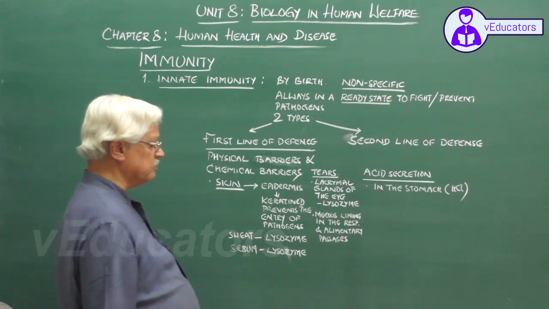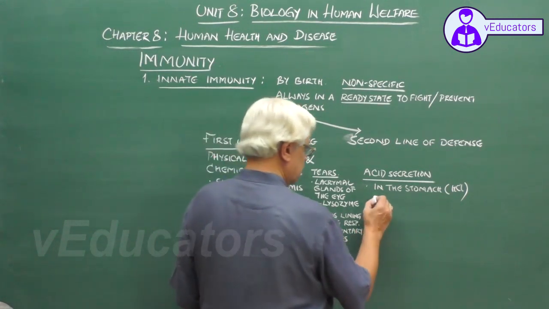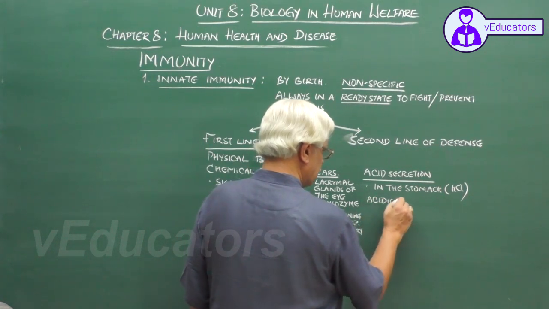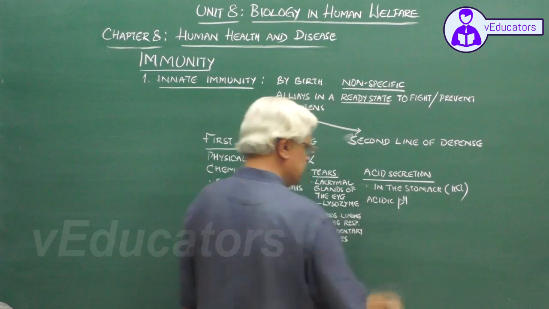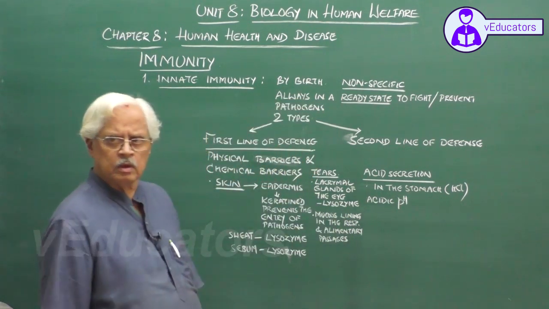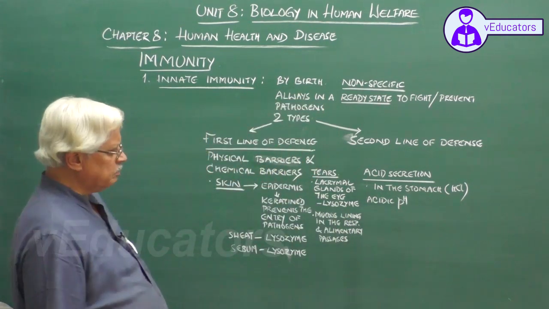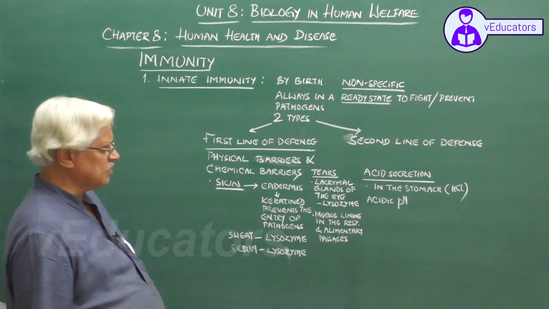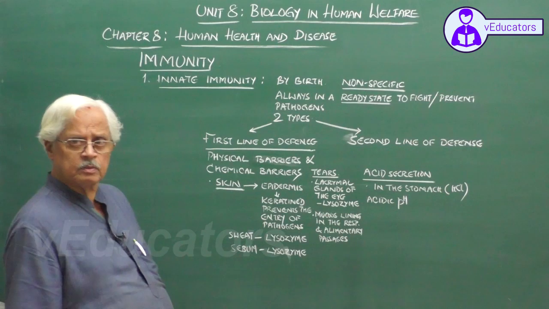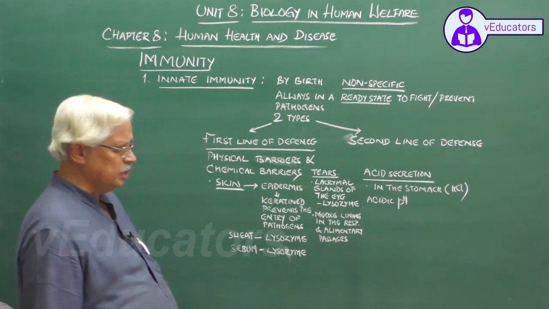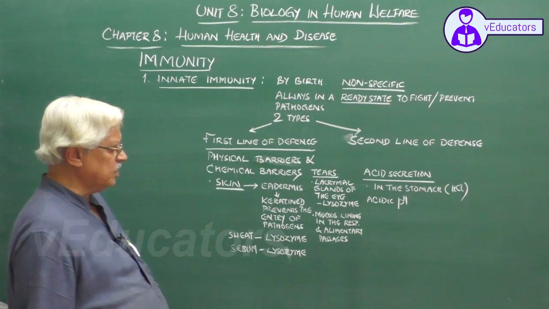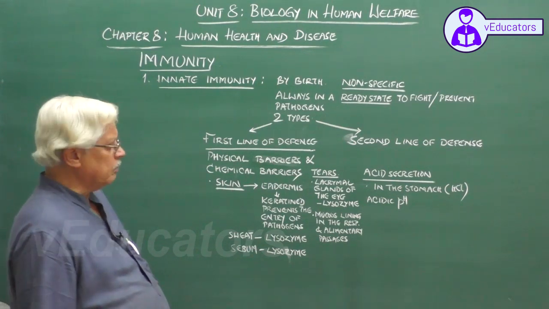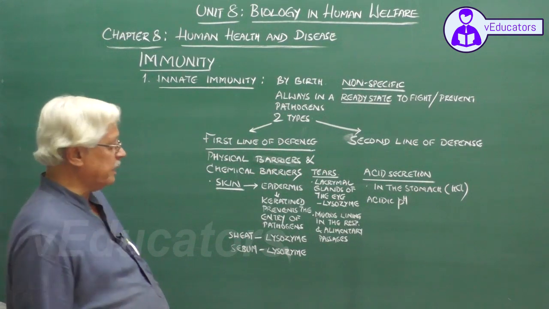So acid secretion and acidic pH in various parts of the body. Even the skin pH is acidic, gastric juice pH is acidic, urine pH is acidic. So that acidic pH also prevents the multiplication of bacteria.